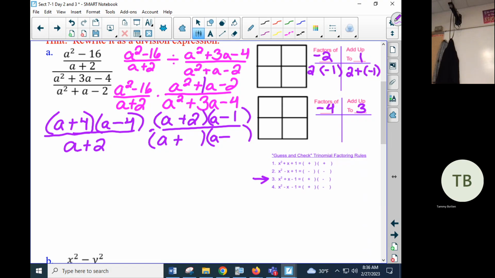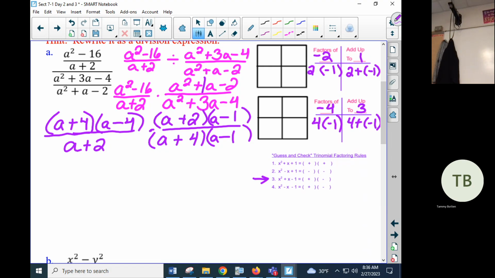And then what would I do here? What are 2 factors of -4 that add up to 3? Or a -1, very good. So 4 plus a negative 1 is 3. So one of these would be plus 4, one would be minus 1.